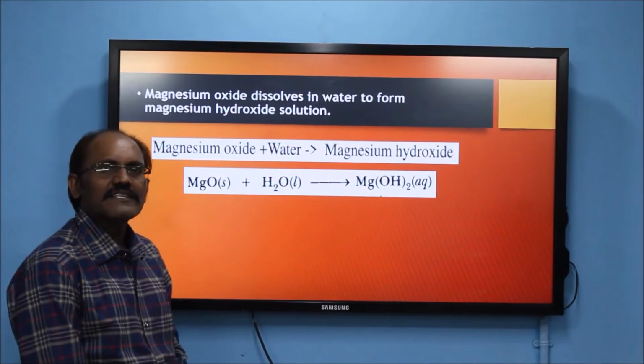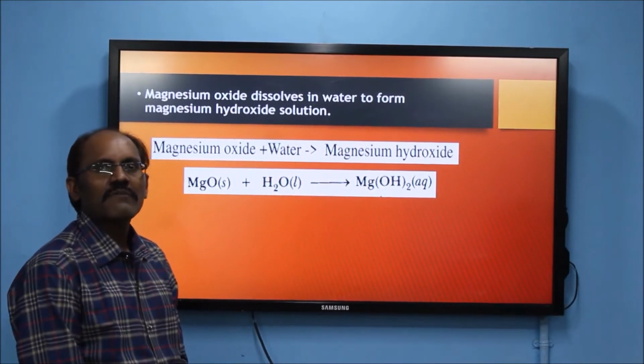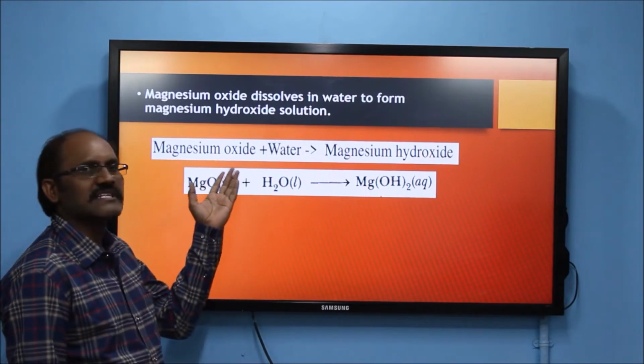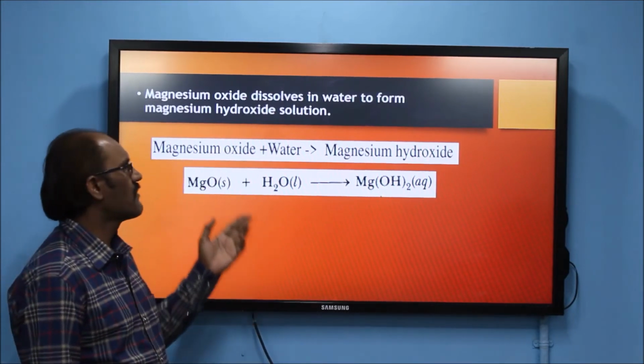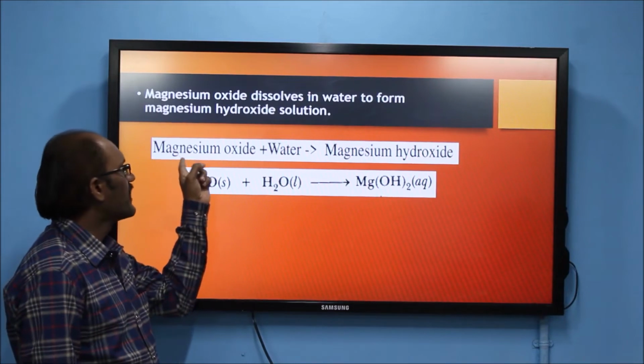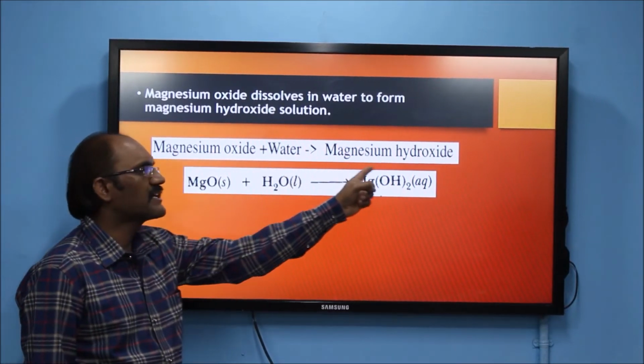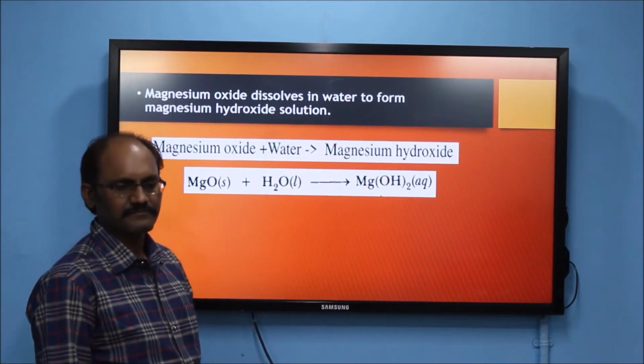Magnesium oxide dissolves in water to form magnesium hydroxide. And we represent this chemical reaction in the form of a word equation like this: magnesium oxide plus water gives rise to magnesium hydroxide.